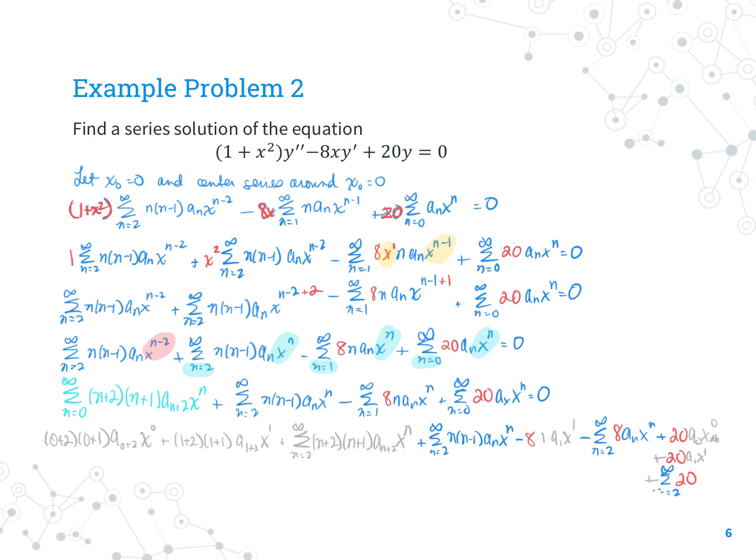Let's get that all in there. A sub n, x to the n, and the whole thing still equals 0.